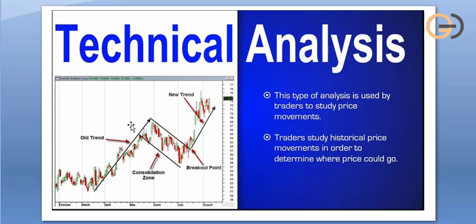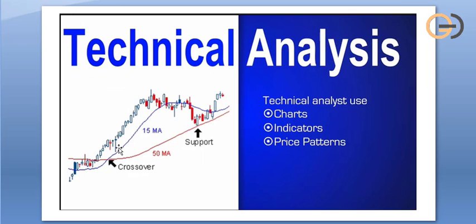So technical analysis is the type of analysis used by traders to study the price movement in order to determine where price could go. You need to know how price is moving using a principle called technical analysis. It helps you to study the price movement, and then you can make a decision on what to trade.